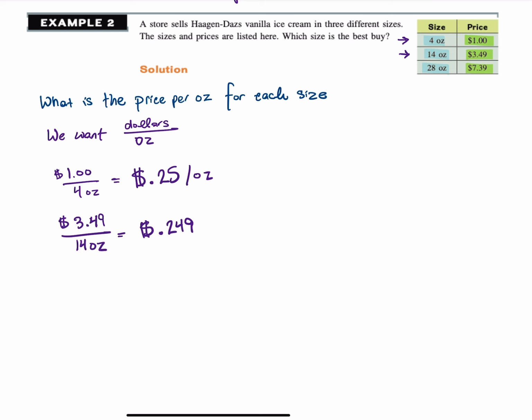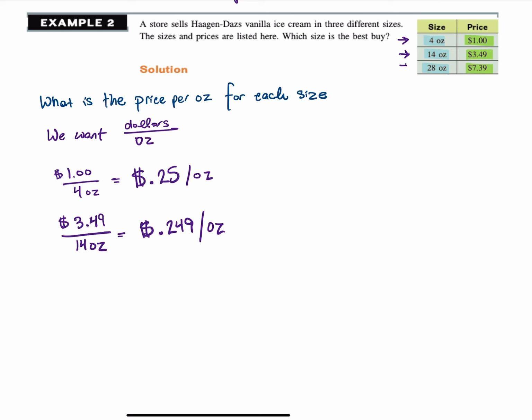And let me just double check and see if there's some rounding there. So 3.49 divided by 14. Yes, definitely some rounding. So we're rounding to the third decimal place here, 0.249. So notice this is a little bit cheaper per ounce, slightly.